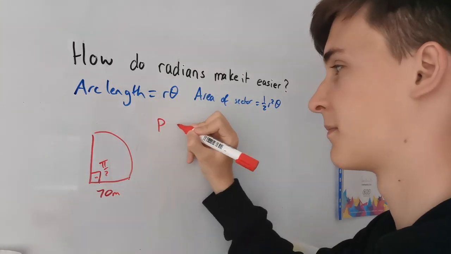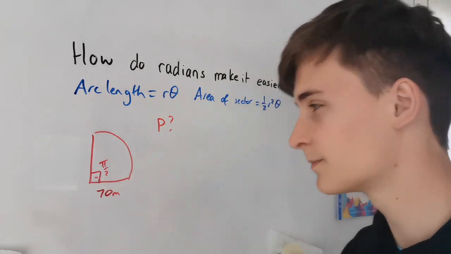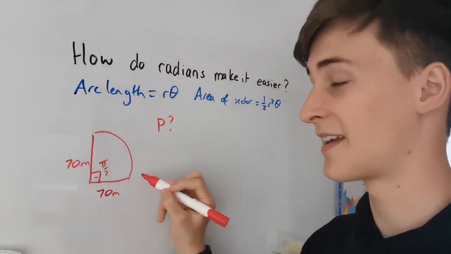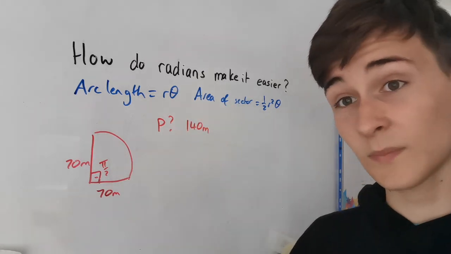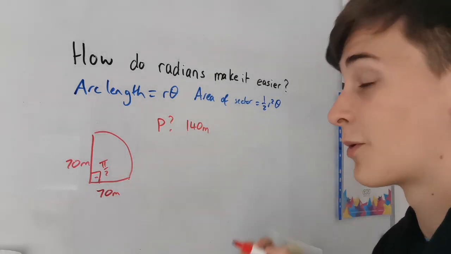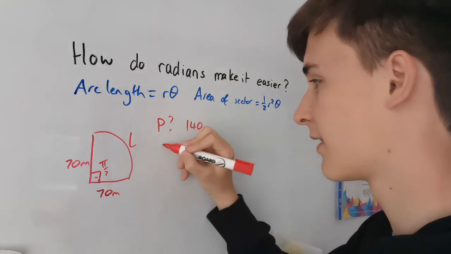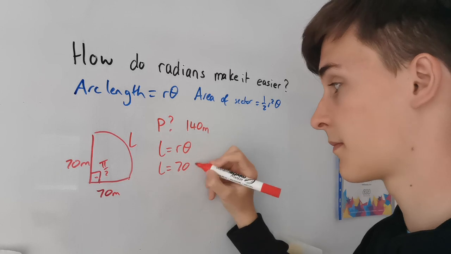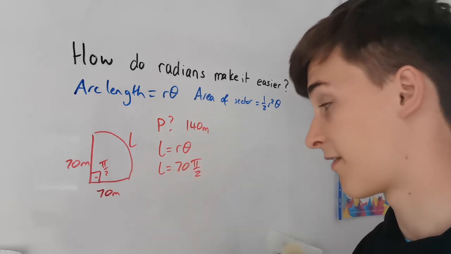What is the perimeter of this field? Don't forget we have our 140 meters, that is our two straight parts. And what's the arc length? We know our arc length is r theta, so we'll call it L. L equals r theta, L equals 70 times pi over 2, which is 35 pi.